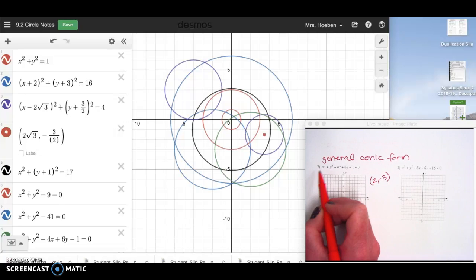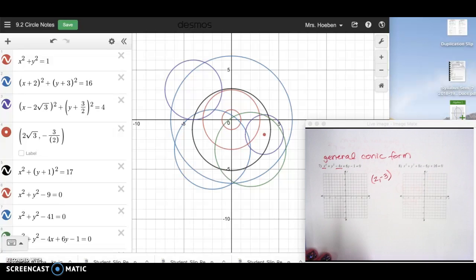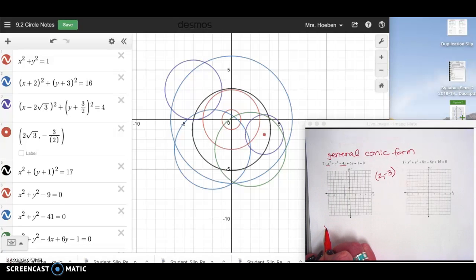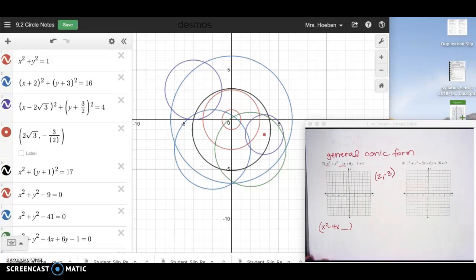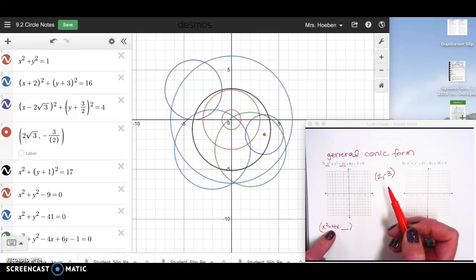Okay, so I'm going to have you guys group your terms that have x in them together. So we're going to write x squared minus 4x down here. And then we're going to leave a space to make it into a perfect trinomial. We've done this before, right? You take half of the -4, which you guys said is the -2, and then you square it.